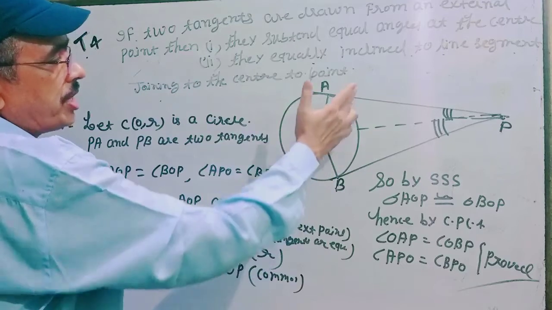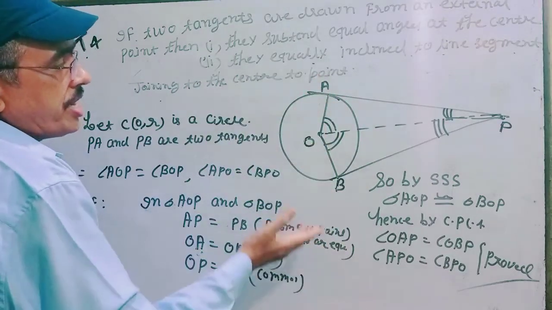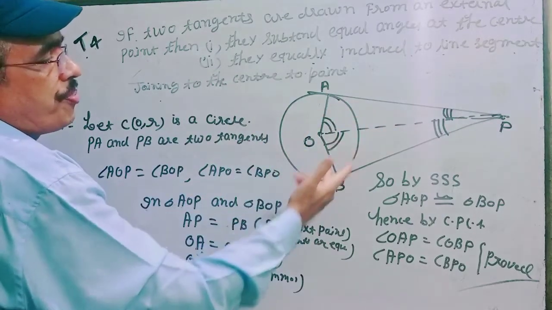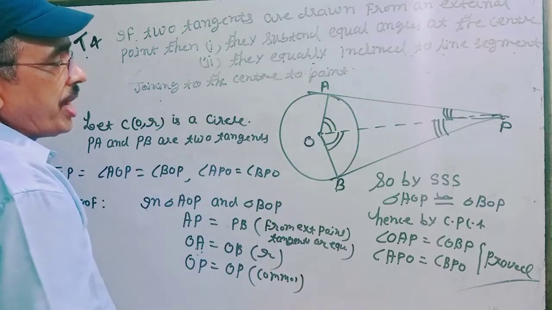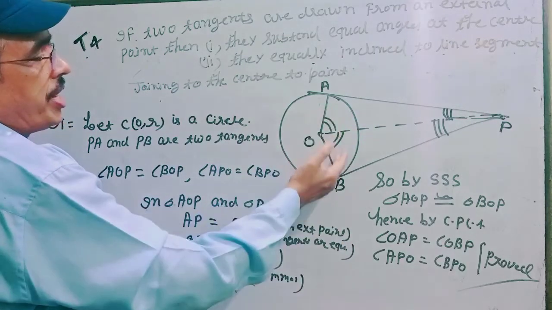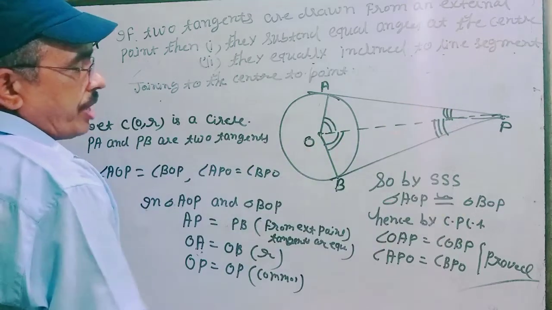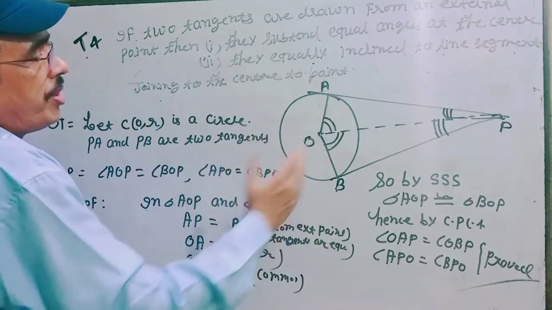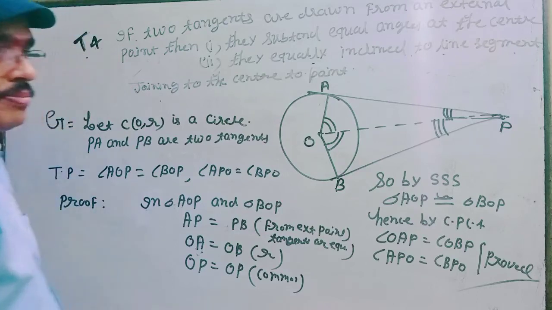Next, OA is equal to OB, that is the radius, and we know that radii of the circle are equal. And third, OP is common, therefore these two triangles are congruent. Then easily we can write that this angle is equal to this angle and the other two angles are also equal. So easily you can solve this theorem by using the congruency theorem of SSS.